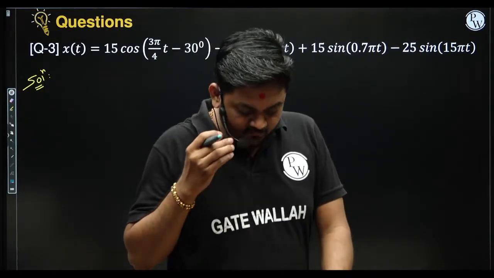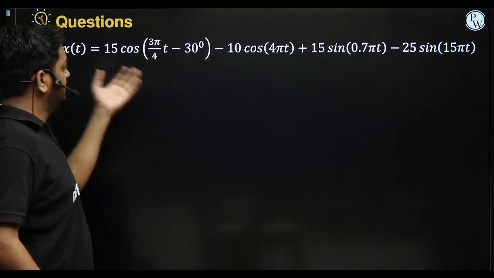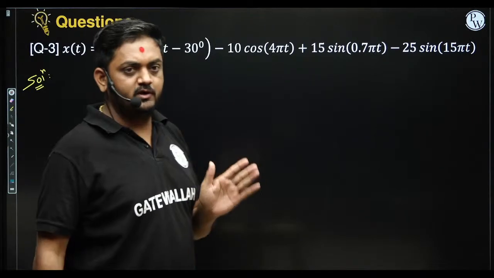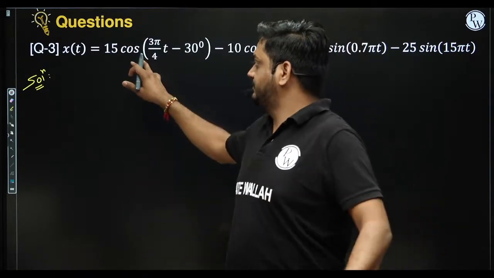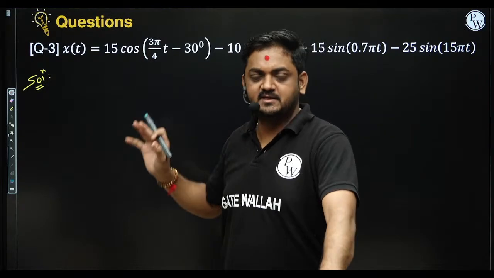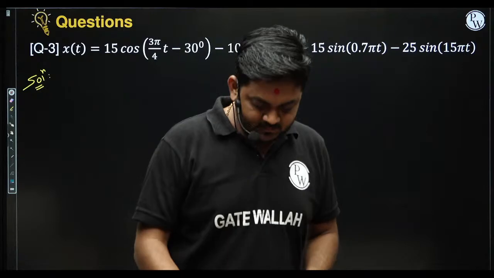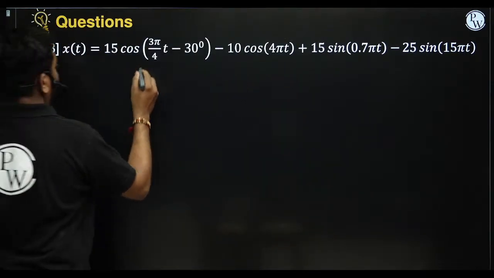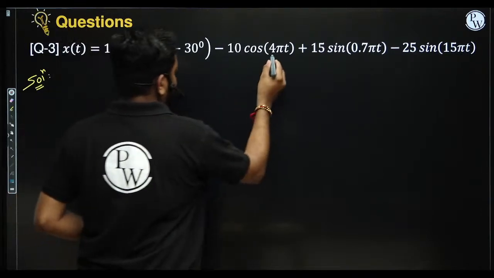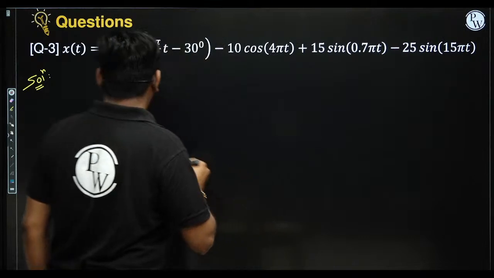Since they are asking to find the Fourier series coefficients, it will be periodic only, because Fourier series is defined only for periodic signals, so we need not check whether this is periodic or aperiodic. See here, the frequencies are 3 pi by 4, 4 pi, 7 pi by 10, and 15 pi. So what is the fundamental frequency?